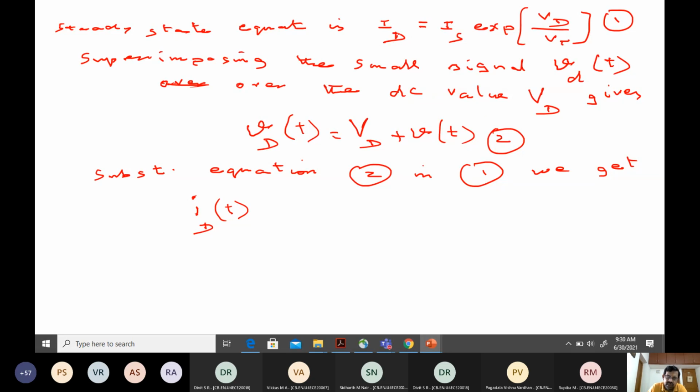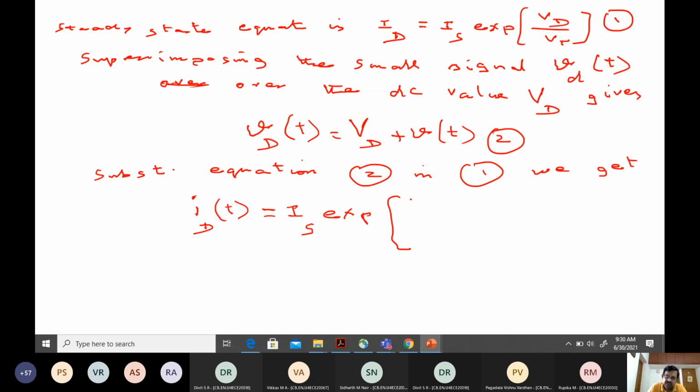So the capital I_D will be replaced by small i subscript capital D as a function of time, is exponential of. So it is not straight jacket substitution. There is a small variation over here as a result of superimposition of the small signal, small v_d(t). Okay, so please pay attention carefully here.